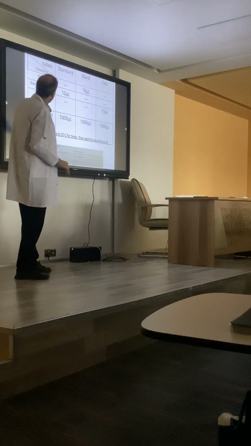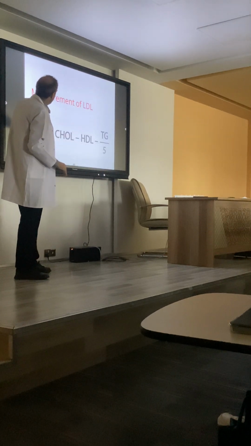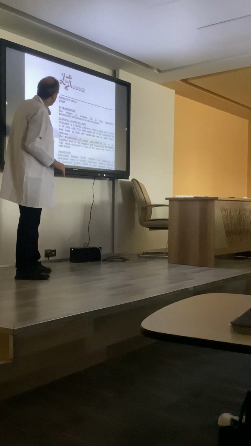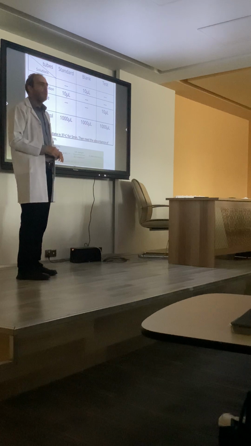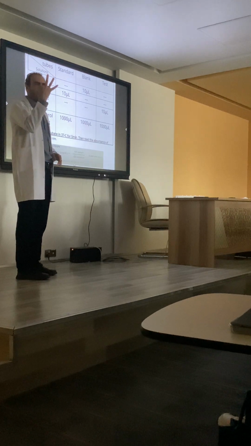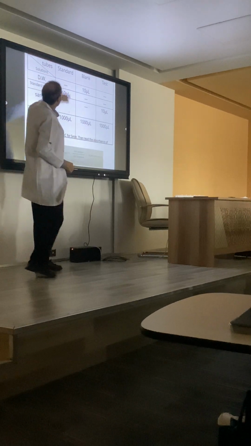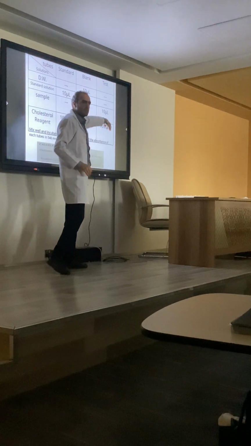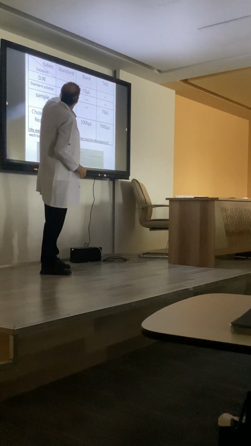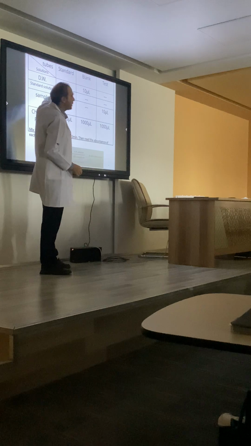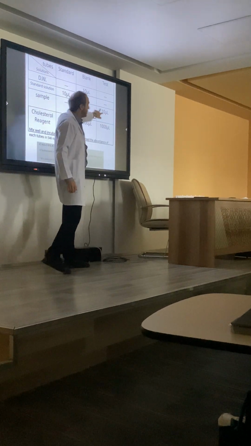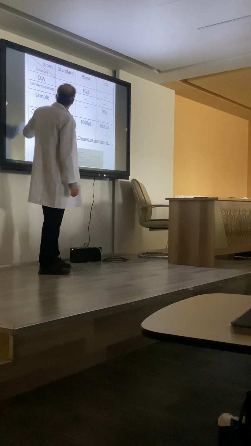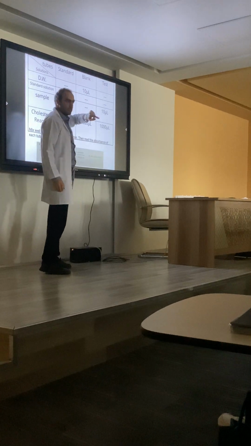For cholesterol, again you have 3 tubes: standard, blank, and test. In the standard, you add 10 microliter of standard. In the sample, 10 microliter of serum. In the blank, 10 microliter of distilled water.